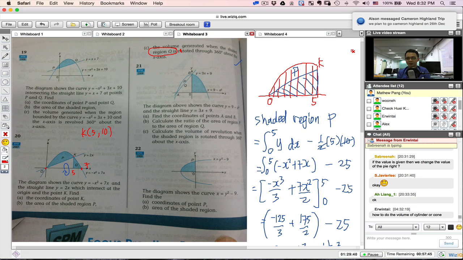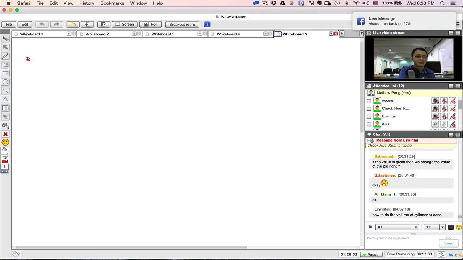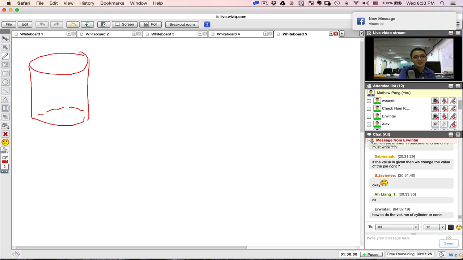How to do the volume of cylinder and cone? It's very simple. It's something out of topic. Maybe I just use another whiteboard. I don't think this will happen in the exam, but since you asked already, what is the volume formula for cylinder? It's just pi r square h.